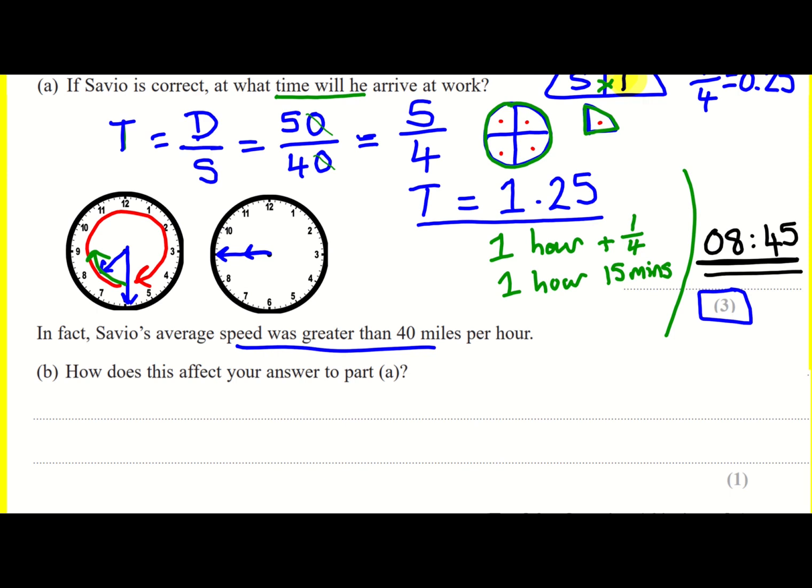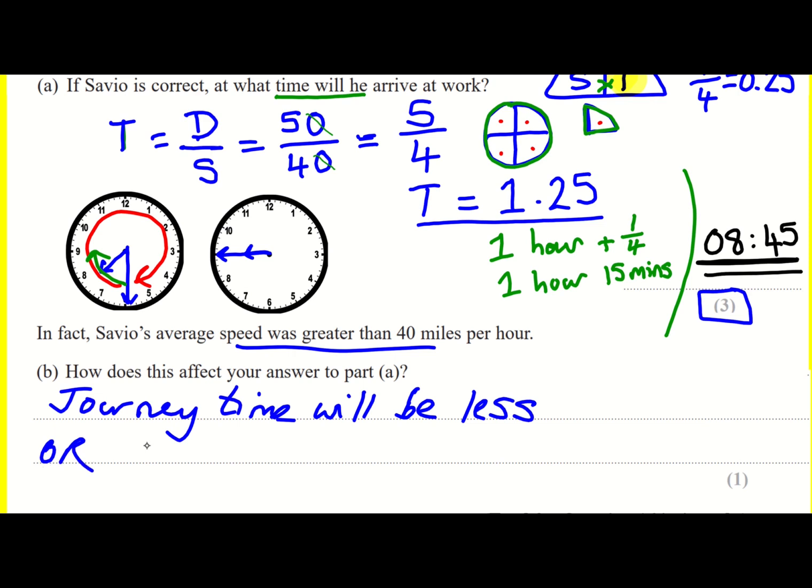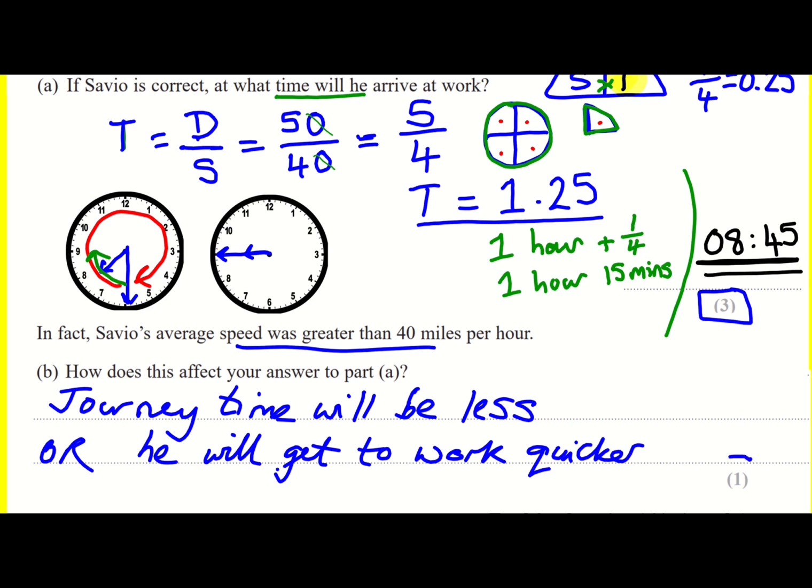So you can put journey time will be less, or he will get to work quicker. I'm sure either of those will suffice to get you the 1 mark there.